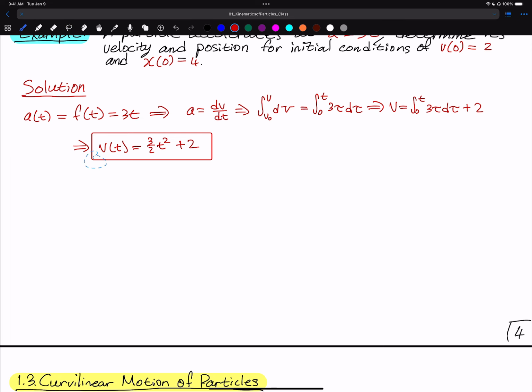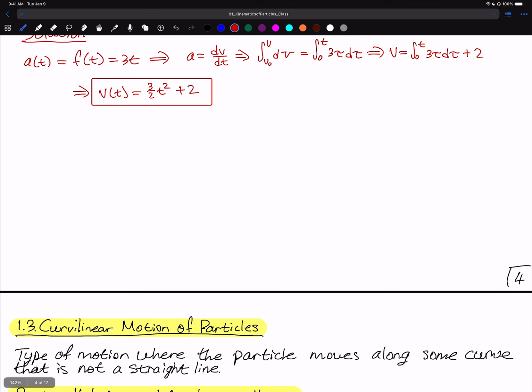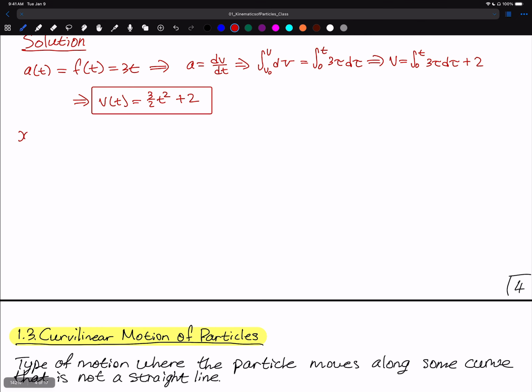Okay, now that we found the velocity, we want to repeat this integration approach to find the position with respect to time. So now x of t is equal to the integral from 0 to t of v of tau d tau, plus x at 0.